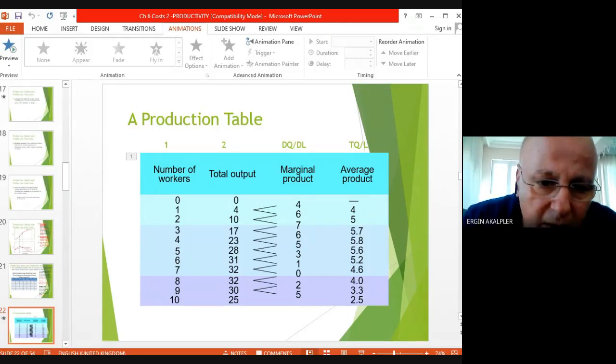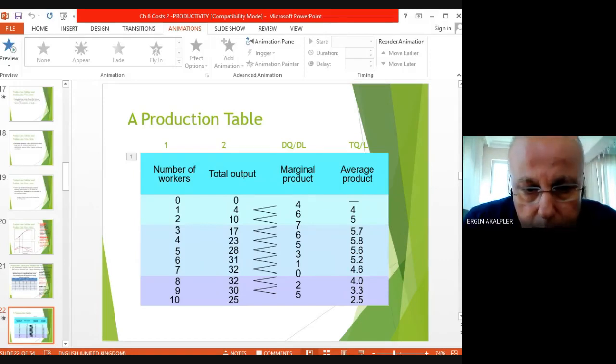Dividing this 4 by 1 is going to be 1, and then 6 divided by, again, 5. Then when you are dividing this by labor it is again 5.7. Then it goes like this: 2, 5, 6, 5, 2, 4, 6, 4, 0, and 3, 3. And then it goes to 2.5.